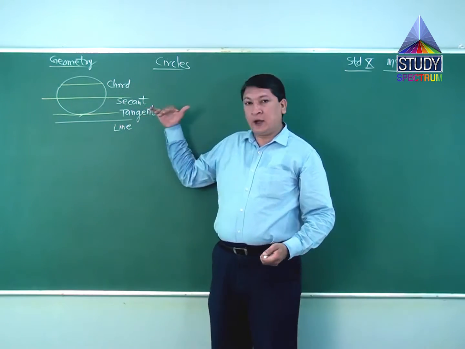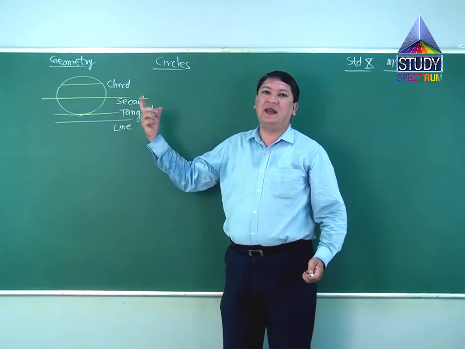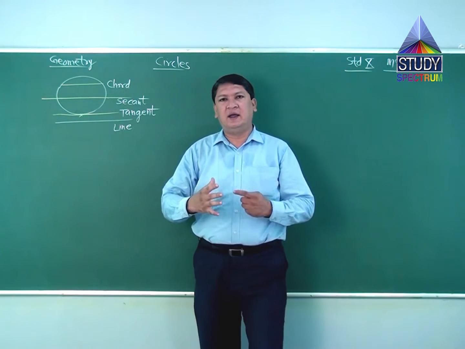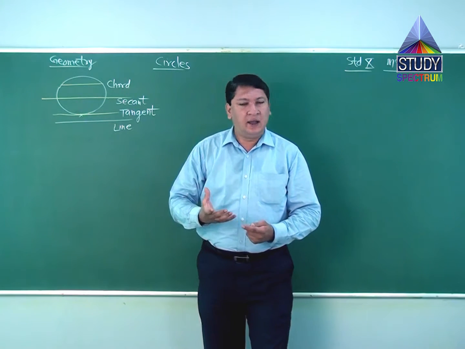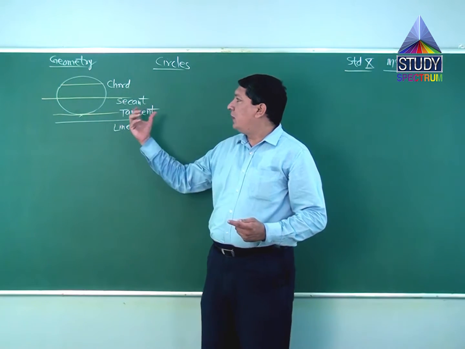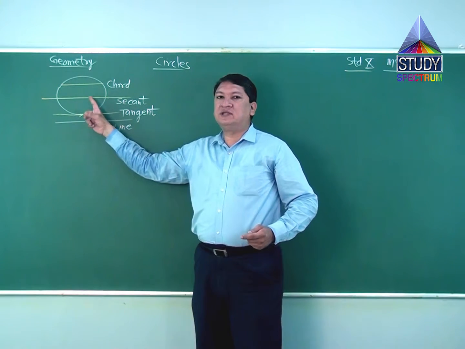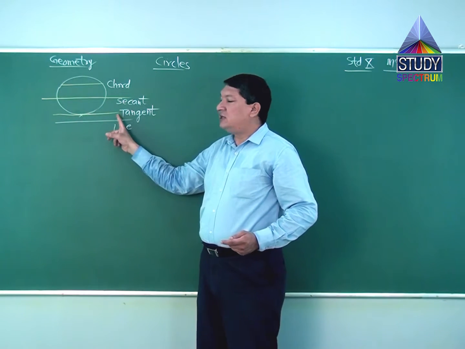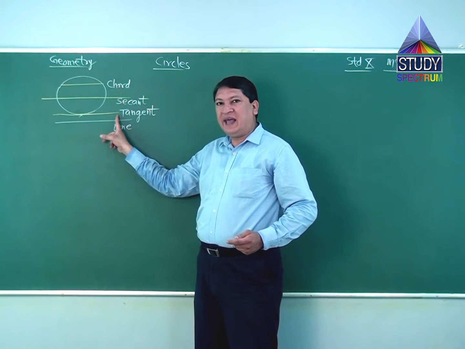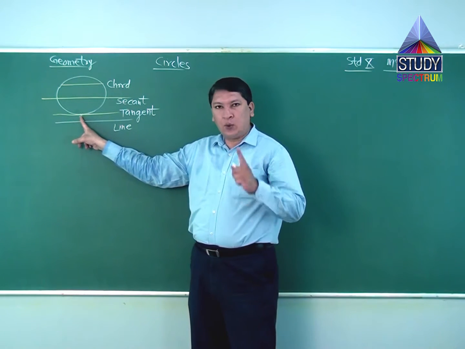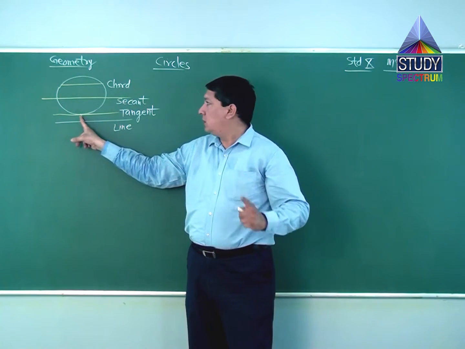Now we are going to come across these terms again and again in this chapter. Again and again you will find a secant is drawn to a circle. Immediately you have to visualize: secant means a line which is passing through the circle at two distinct points. We'll get the term tangent again and again. Tangent means a line which is touching the circle at one and only one point.